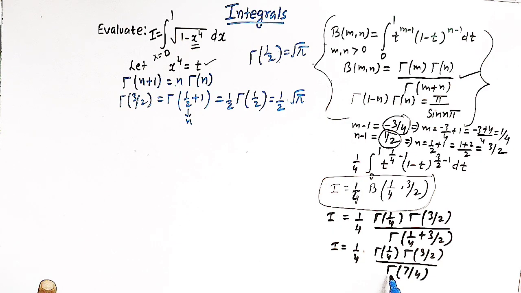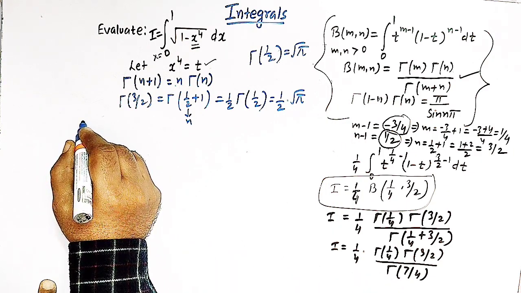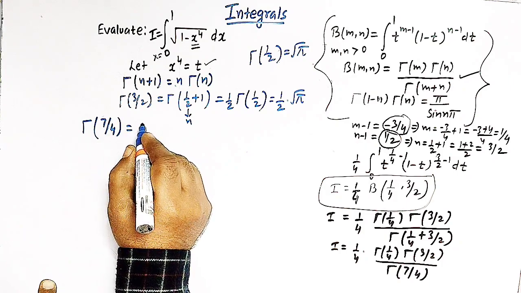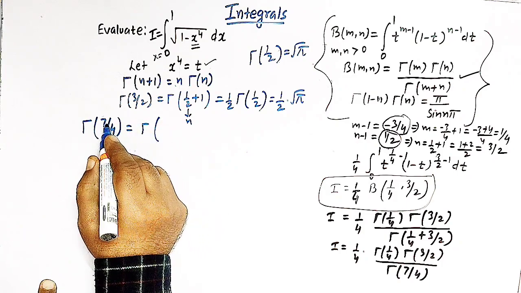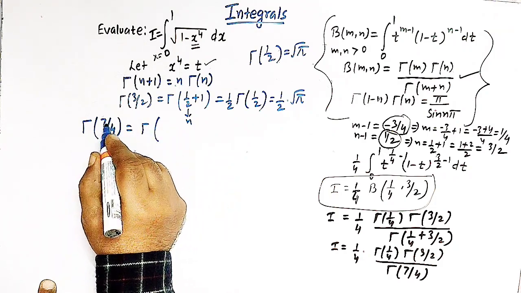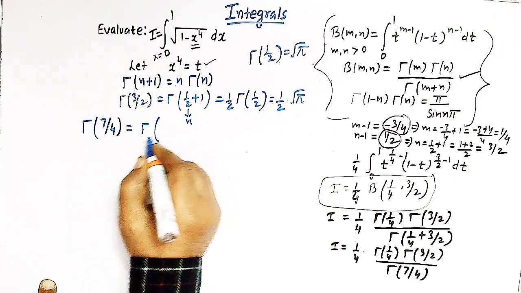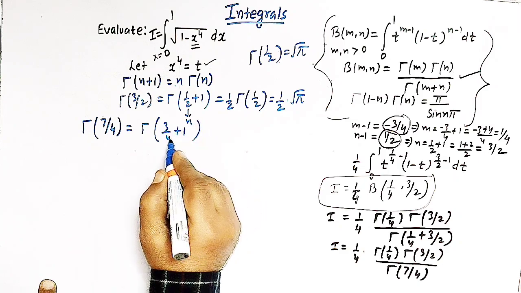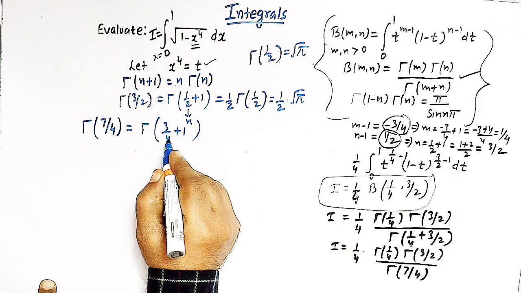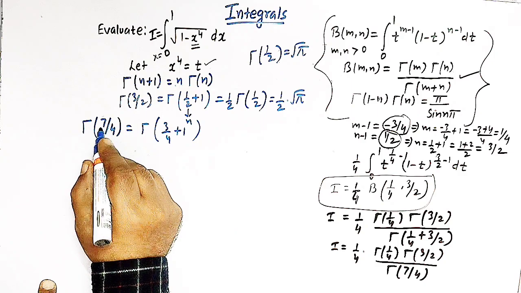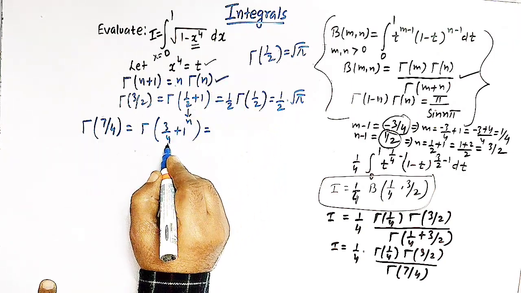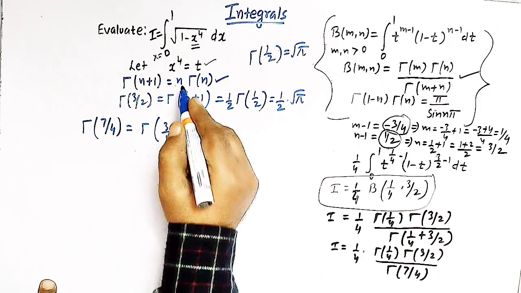Okay, now let us write the value of gamma 7 by 4. So we can now write gamma, and here 7 by 4, we can split this 7 by 4 as 3 by 4 plus 1, because 4 times 1 is 4, 4 plus 3 is 7. So we can again make use of this result. So our n is 3 by 4.